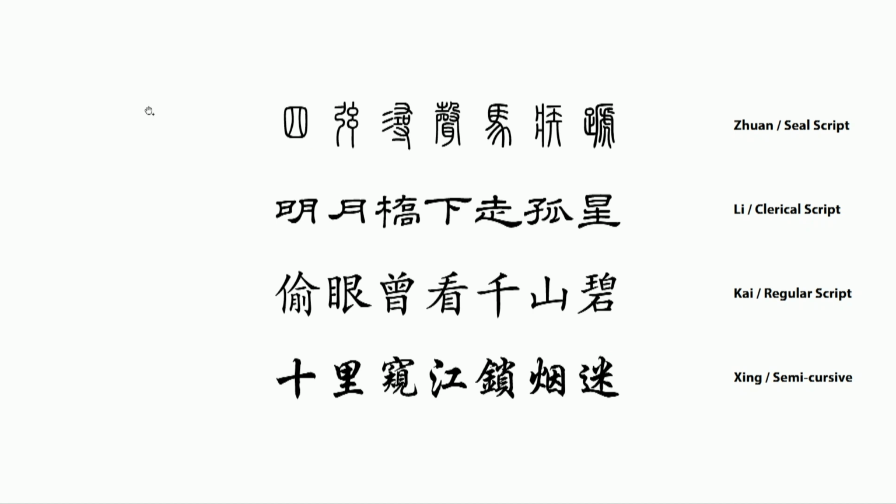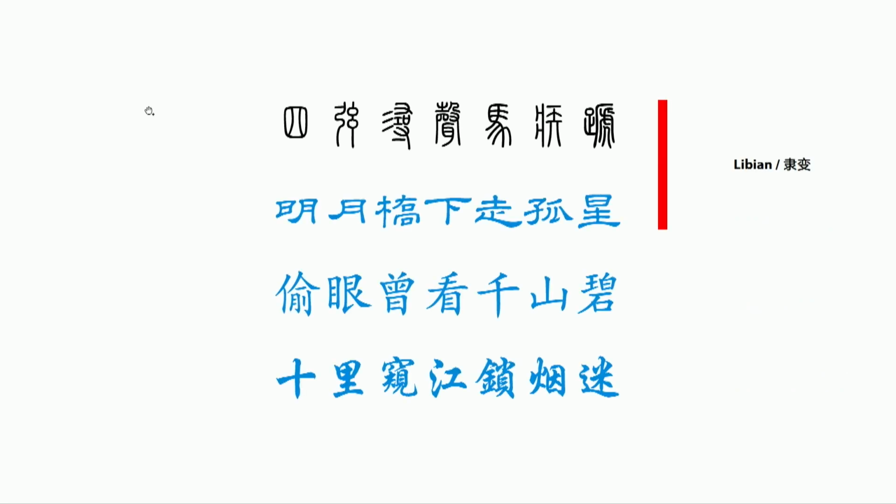And something happened between 篆书 and 隶书, the clerical script. This is something we call 隶变, the systematic transformation from the seal script style to the clerical style. So after that, the structure of the Chinese character looks more modern and more legible to modern eyes. And before that, we cannot read it.